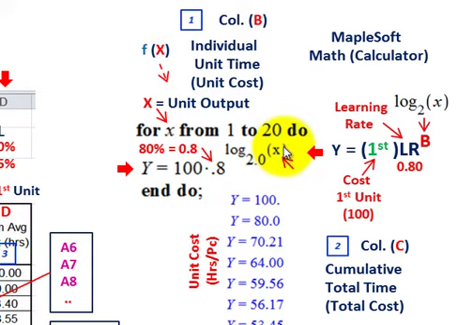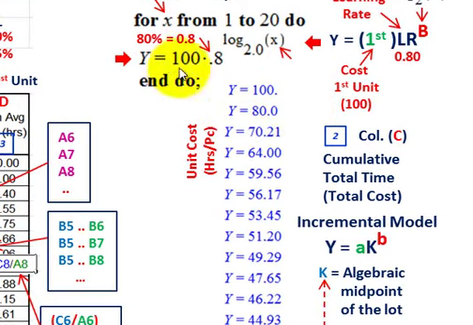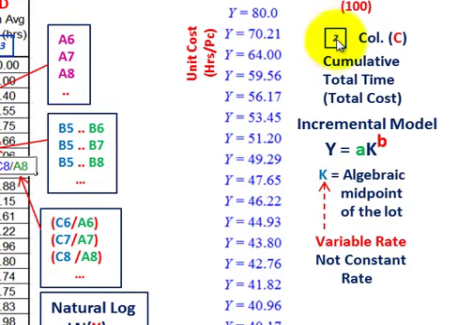Okay, so that's what we do. And then one other thing here, just to make a point of it. This calculated your unit cost, or hours per piece, or whatever. That was our function, that f of x, that column B that we're working off. Now, if we looked at column C, when we worked with the cumulative average model, you could come up with some easy function to calculate your cumulative total time or total cost.